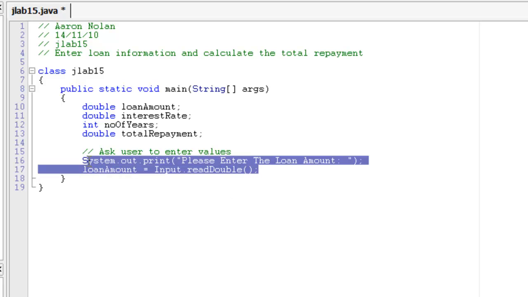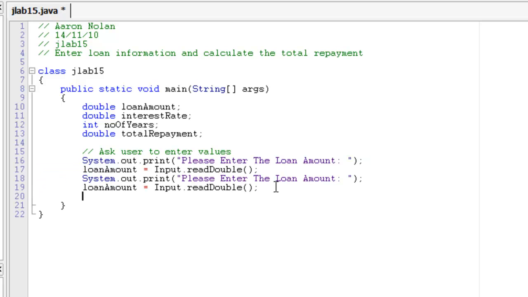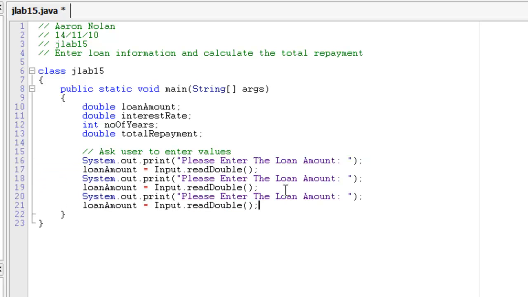Okay, and now for a little bit of copy and paste as usual. We're going to need 3 different statements. Next, please enter the interest rate on the loan. You probably don't need to explain all that, but I will anyway. So interestRate.